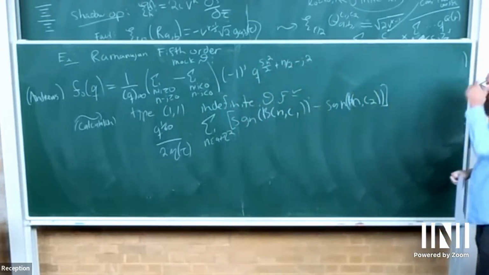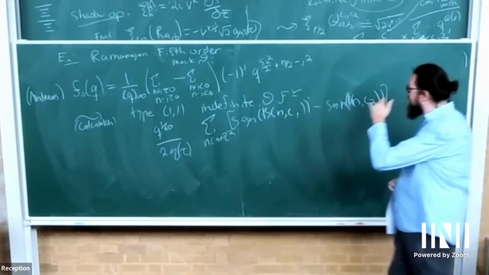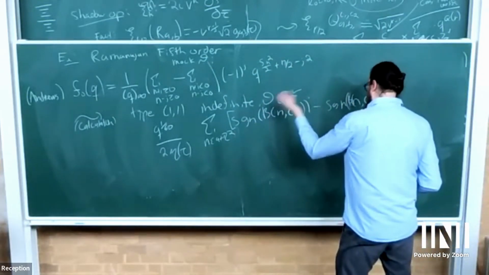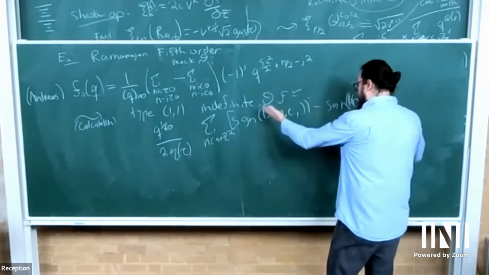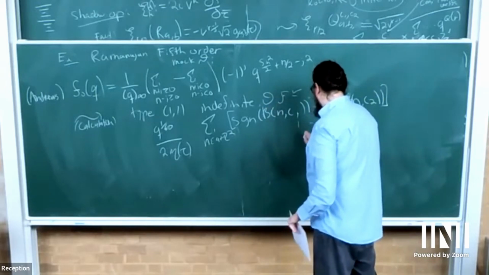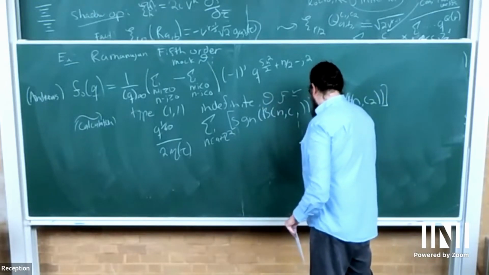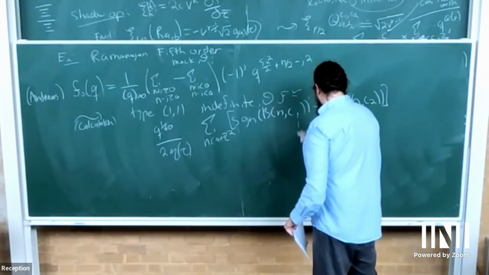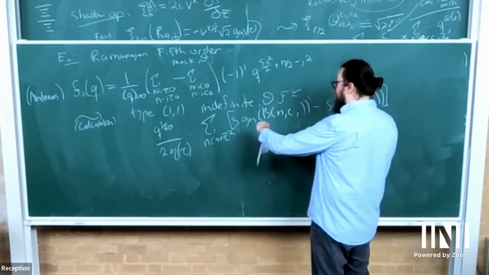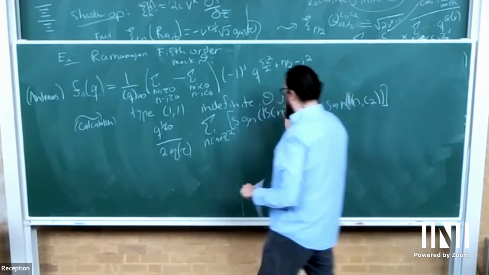If I have a difference of sign functions, you just have to look at the cases. There are the boundary cases where, depending on how you define it, you can get a 0 or whatever. But these are plus or minus 1s, right? So you could get a 1 minus a 1, or a 1 plus a 1, or a minus 1 plus a 1, etc. Sometimes these will cancel out and contribute nothing, and sometimes they'll double up, but with a minus sign. So you just have to keep track.